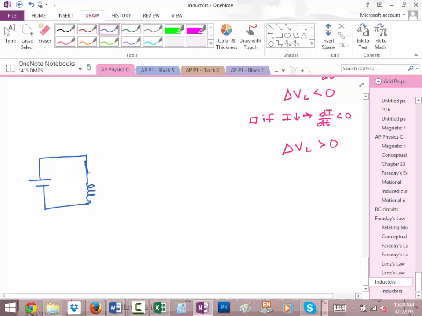Nothing exciting happens. As soon as you open that switch, what happens? DIDT happens, and it happens really, really fast. So DIDT is really, really big, and negative. And as a result, right in between those two spaces, there's a lot of energy there.